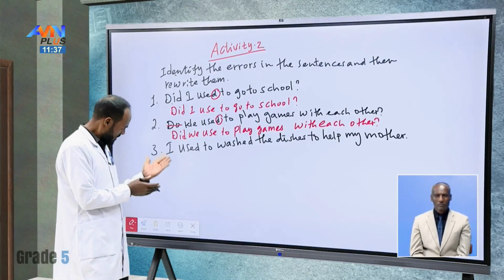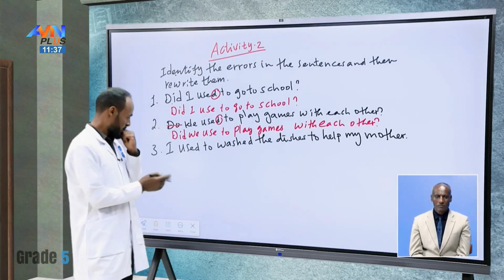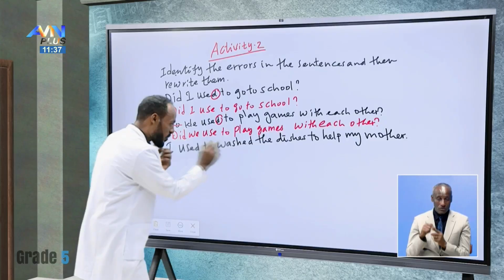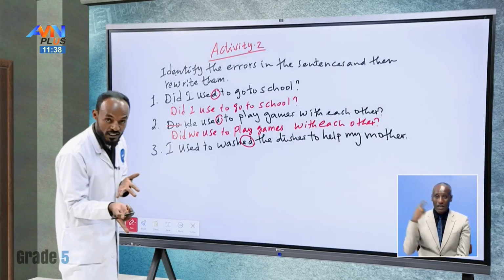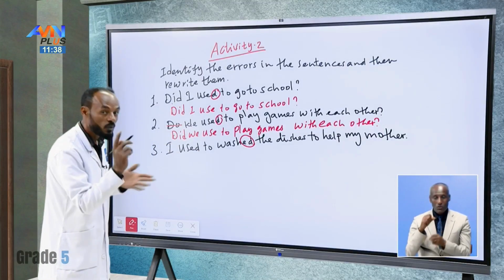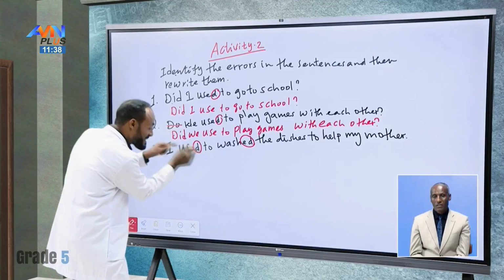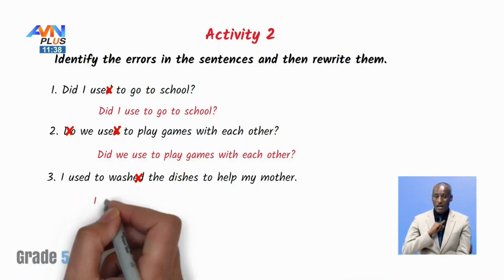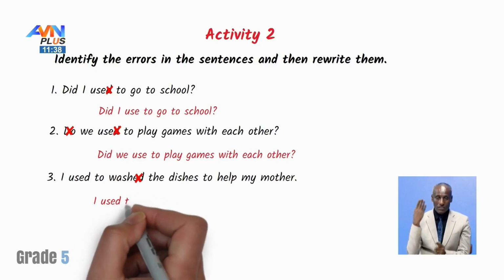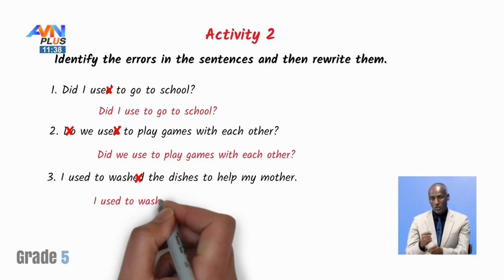What is I used to? It's right, yeah? Right. Washed. Okay. We cannot say washed here. I used to wash. Okay? We cannot say washed because here is past indicator. So we have to say here, I used to wash.